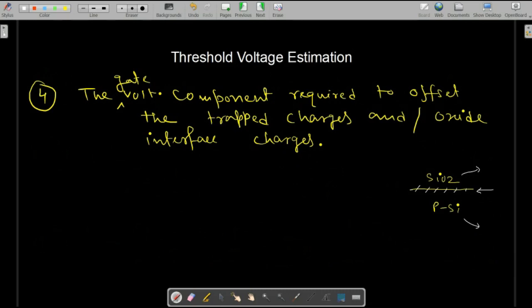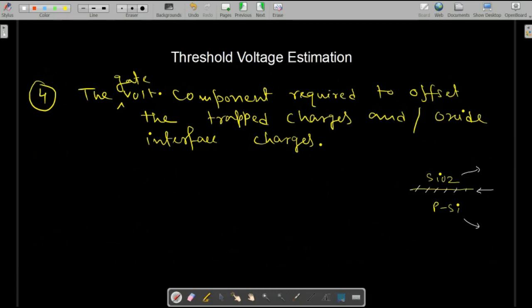Whenever there is a mismatch in the crystal structure, a significant amount of mechanical strain will be developed. You have two dissimilar regions, and whenever you combine them, due to the mismatch in the crystal structure at the interface, a significant amount of mechanical strain will be developed. Due to this strain effect, there may be some oxide interface charge, some positive charges present near the oxide-semiconductor interface.